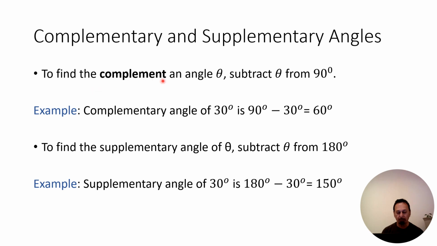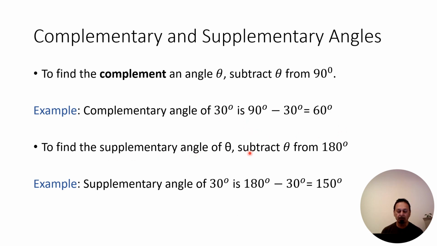Complementary angle. To find the complementary angle, you subtract the angle from 90 degrees. For example, what is the complementary angle of 30 degrees? That is 90 degrees minus 30 degrees equals 60 degrees. If you add 30 and 60, it becomes 90 degrees. The sum of two complementary angles is 90 degrees.